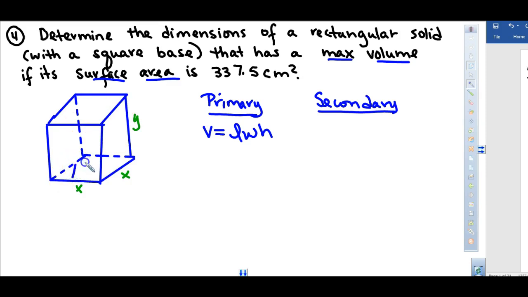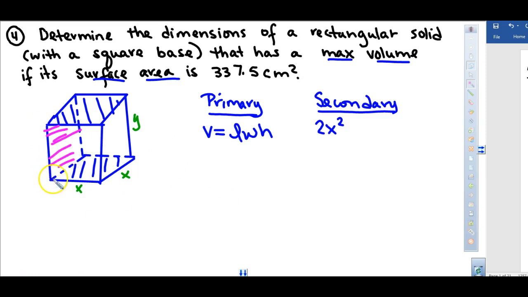Well, this bottom right here has a surface area of x times x. Well, that's the top is the same, the bottom is the same thing as the top. And I have 2 of those, so that's 2x squared. And then this side right here is this side right here.